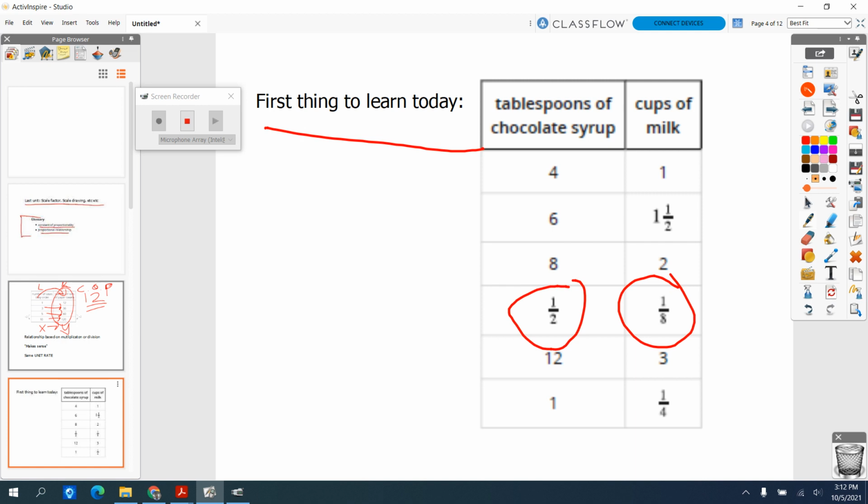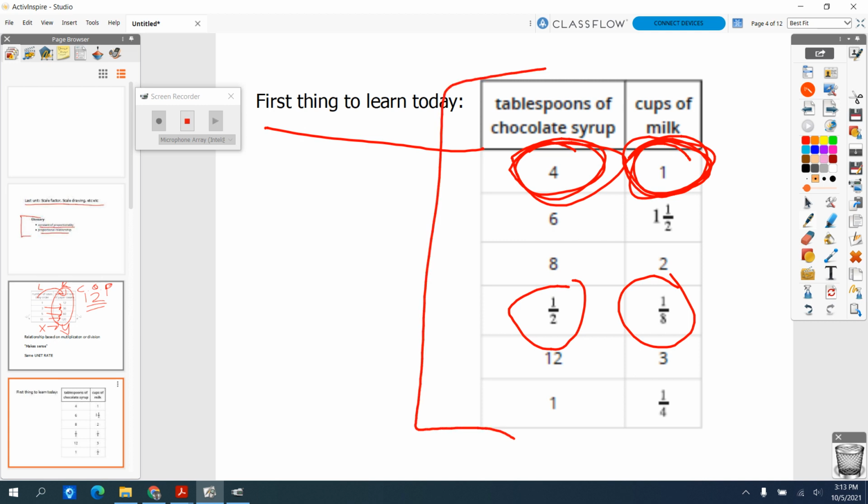But one way that makes it really helpful for us to fill in the table is if we get something to equal 1. So in this case, we have 12 tablespoons of chocolate syrup for 1 cup of milk. Now, as long as I'm multiplying by the same thing, this would represent a constant, it would be a proportional relationship.